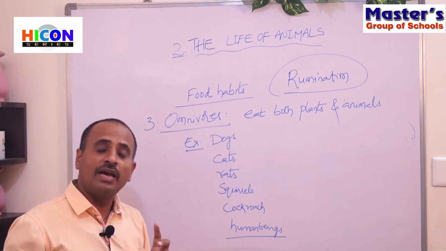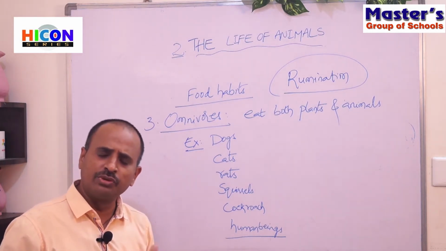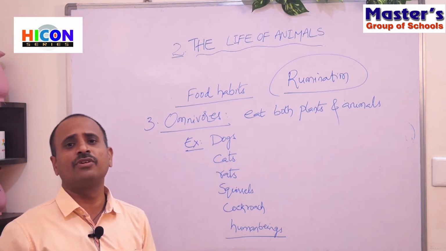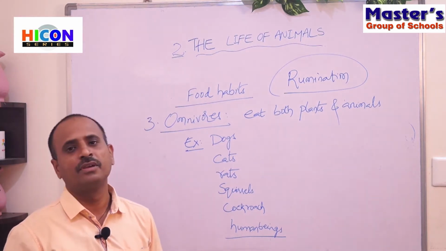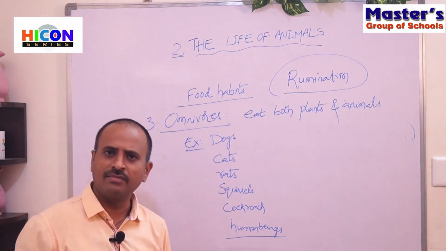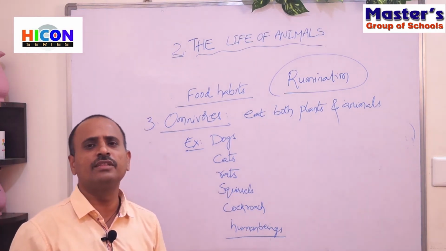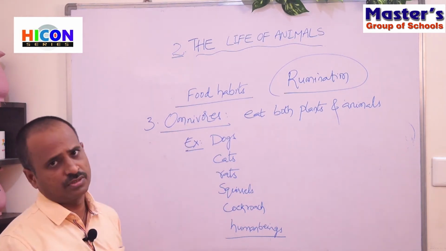With the help of their teeth, they can easily cut and chew their food, and also grind their food. So this is about omnivores.